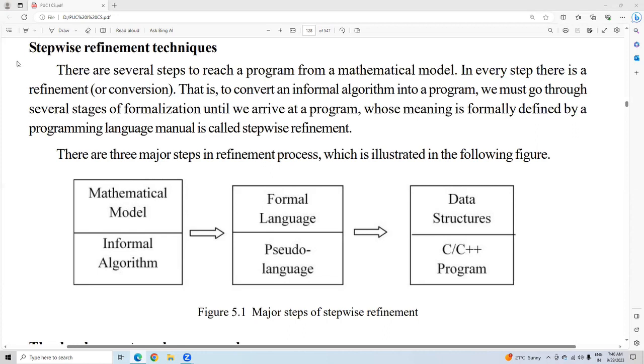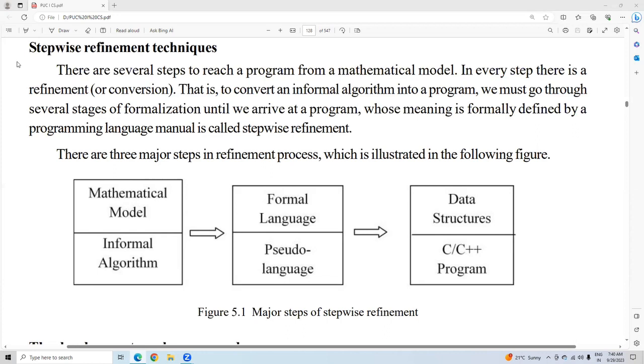So we must go through several stages of formalization until we arrive at a program whose meaning is formally defined by a programming language. This is called stepwise refinement. There are 3 major steps in this.